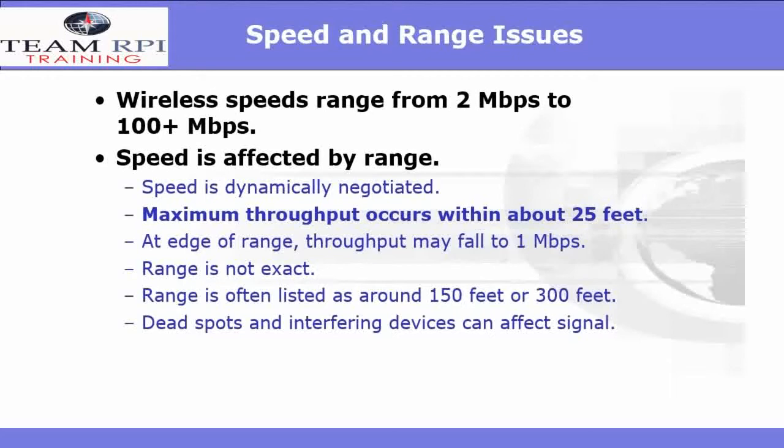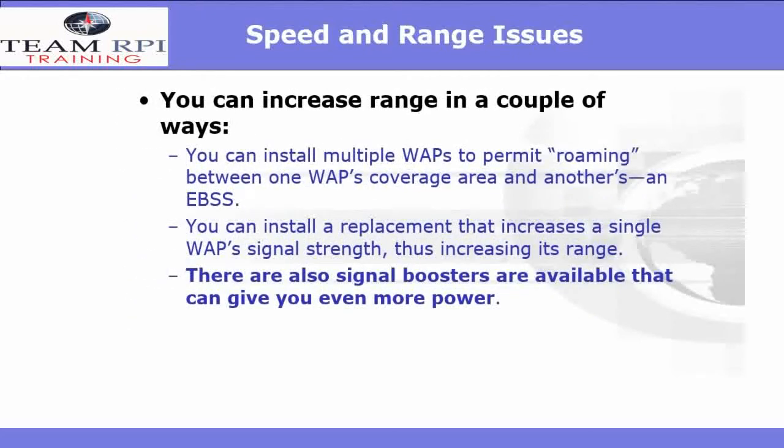Your wireless access point's maximum throughput occurs within about 25 feet, even though you'll see listed a total maximum range of up to 300 feet. There are a couple of ways that you can increase your range. You can install multiple wireless access points to permit roaming between them, or you can install what's called a signal booster.